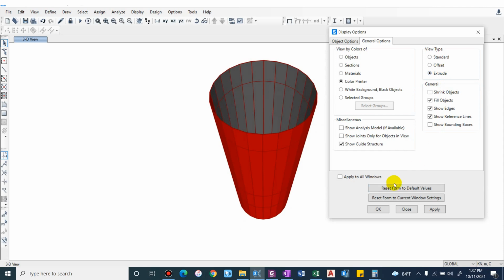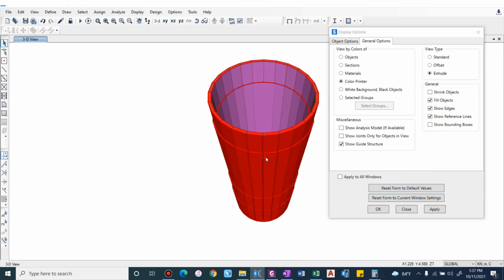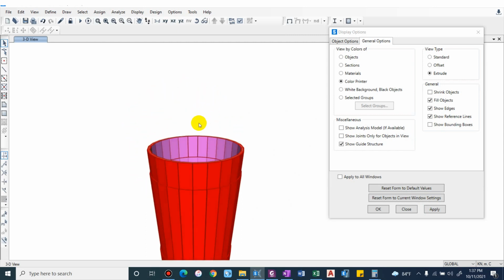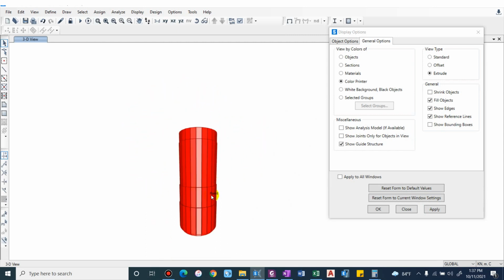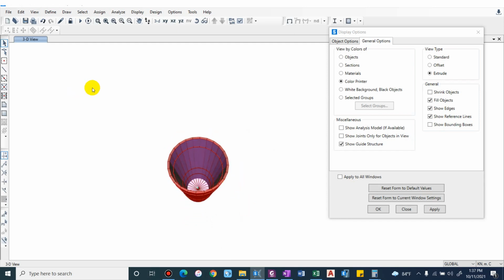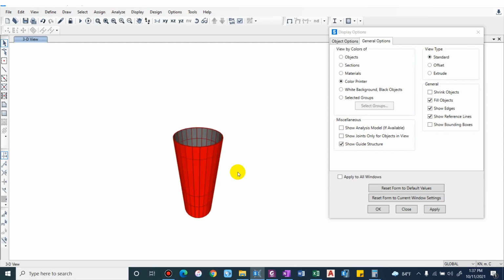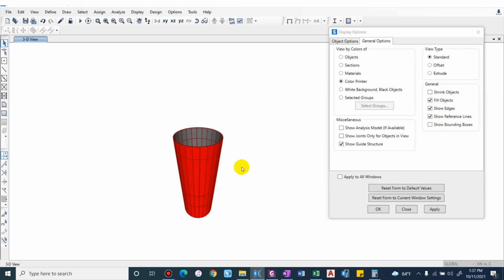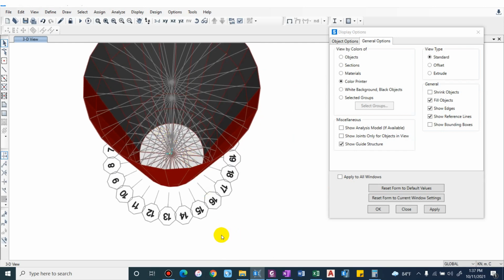Now let's go to extrude view, and you can see the extruded view. Now we'll provide projection for the slab. So how can we provide that?